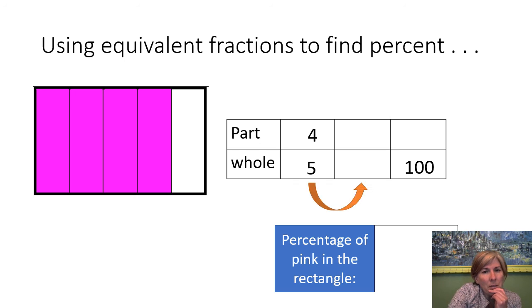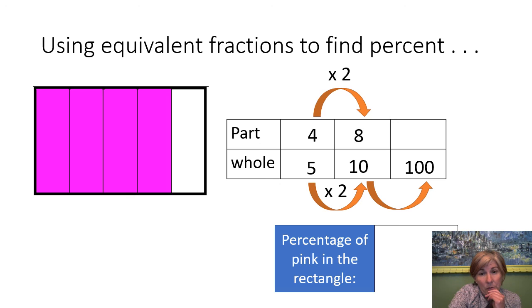So I know if I multiply 5 by 2, that will get me to 10. What I do to the bottom, I'm going to do to the top, so 4 times 2 is 8. Now, how am I going to get my denominator of 10 to be 100?